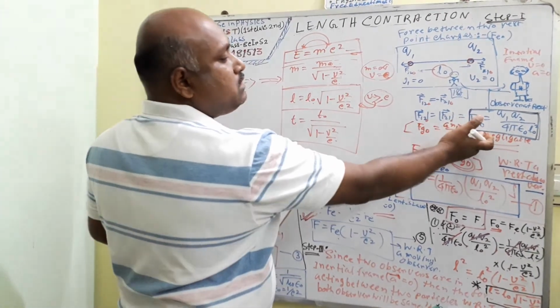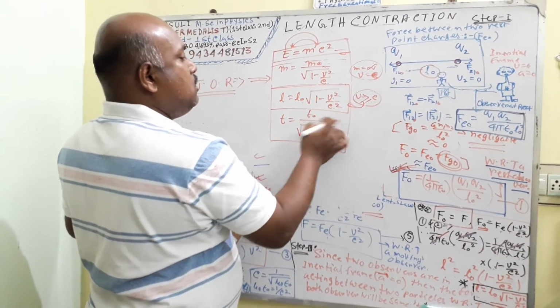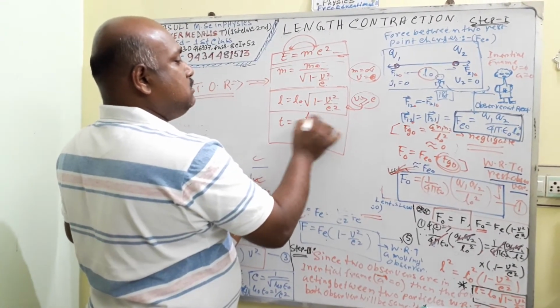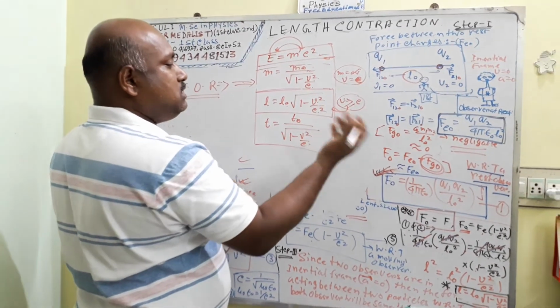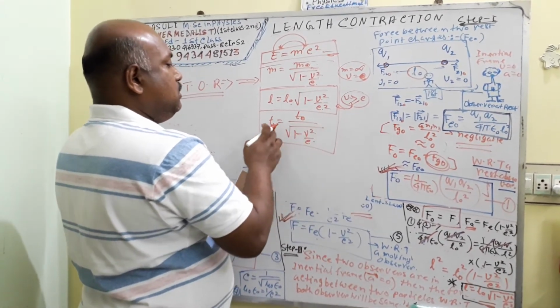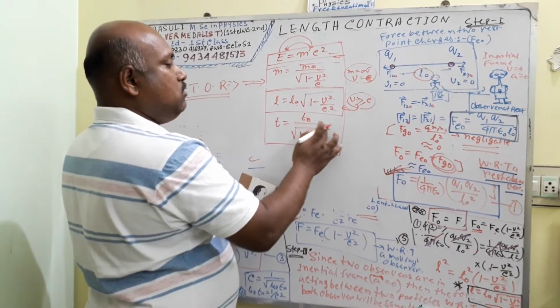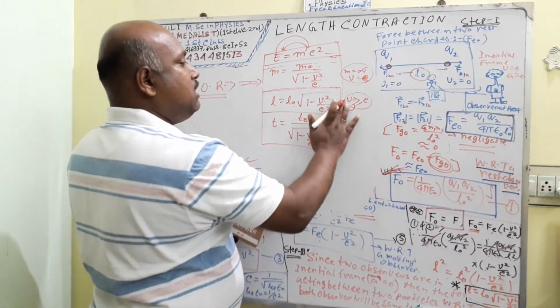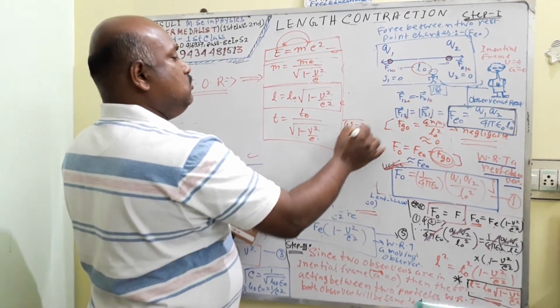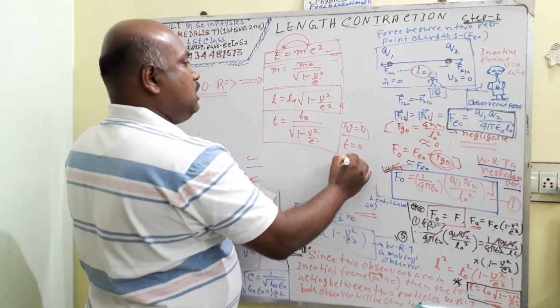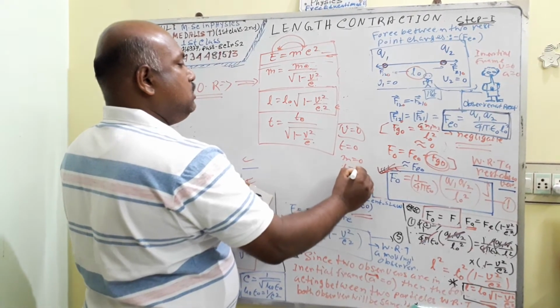With respect to the rest frame, the length is equal to L0. And this is the time dilation. The time with respect to a rest frame is equal to T0, and with respect to another, moving frame, T is equal to T0 divided by root of 1 minus v squared by c squared. When the observer is in the rest frame, that is v equal to 0, then T equal to T0, m equal to m0, L equal to L0.